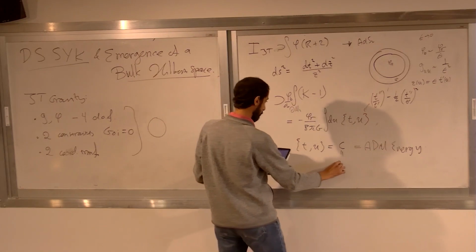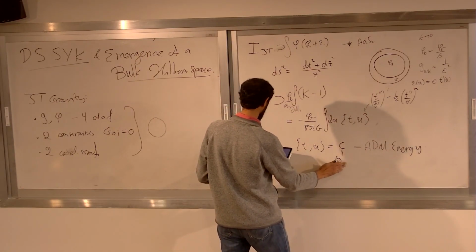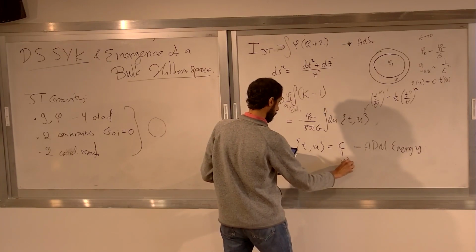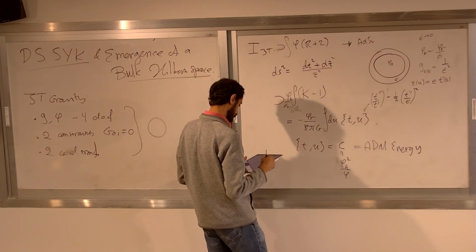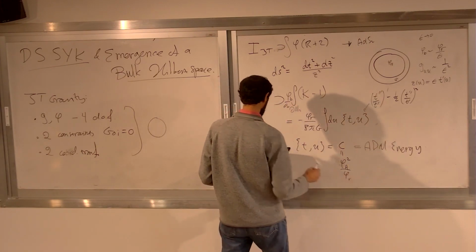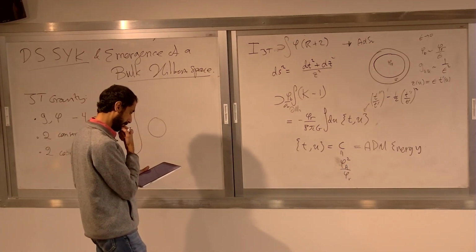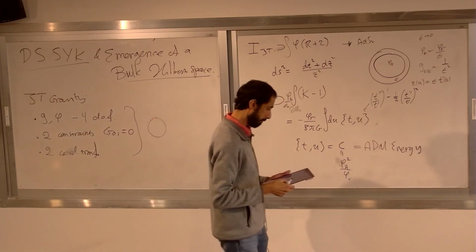So this thing is equal to something like phi h squared divided by phi, I think 0.5 r. Okay.